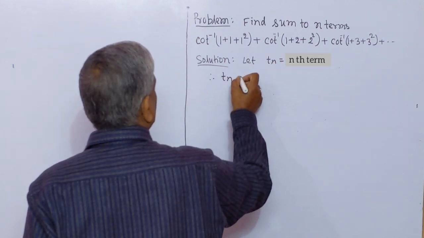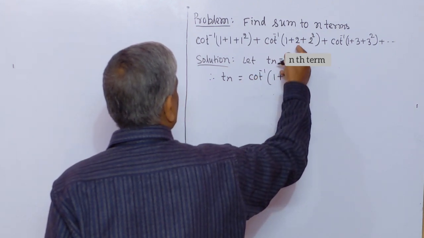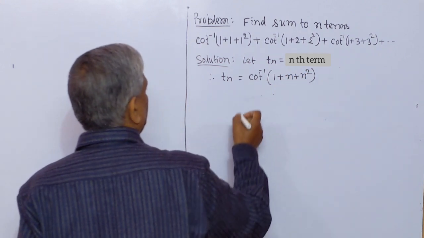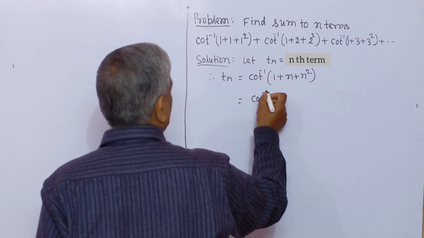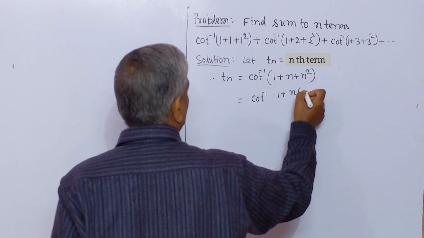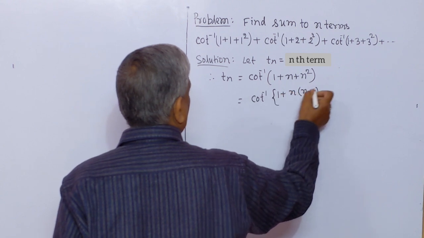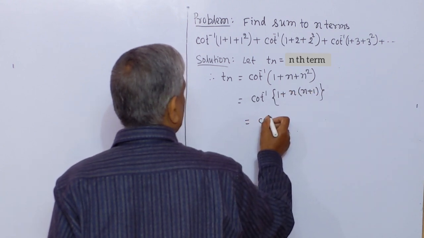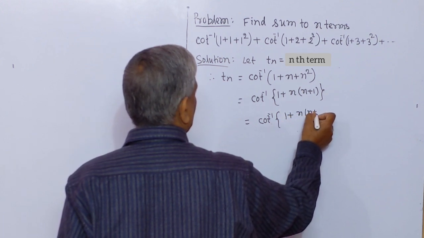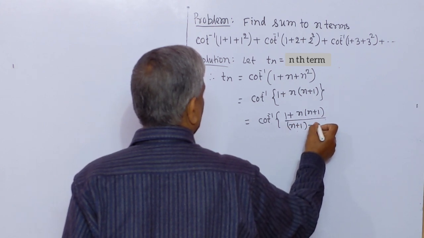Therefore Tn equal to cot inverse 1 plus here n plus n square. We may write this cot inverse 1 plus, we take common n, here remains 1 plus n, means n plus 1. We may write this cot inverse 1 plus n into n plus 1. Here we may write n plus 1 minus n.